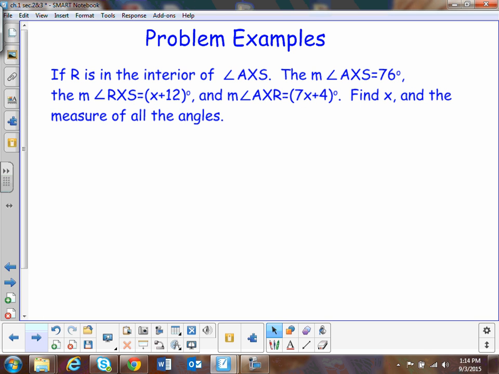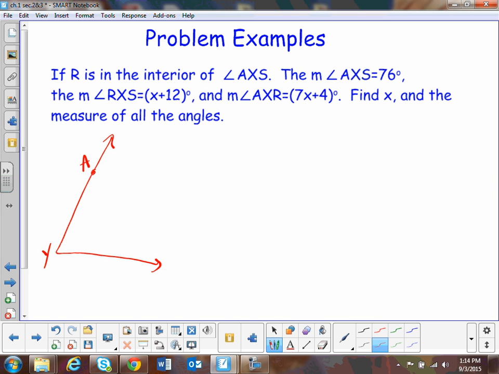So let's try some problem examples. Whenever you have this, and you'll have this on your homework, you want to draw out the picture. So angle R is in the interior of the axis, so draw that first. Then R is in the interior, so you want to connect that.